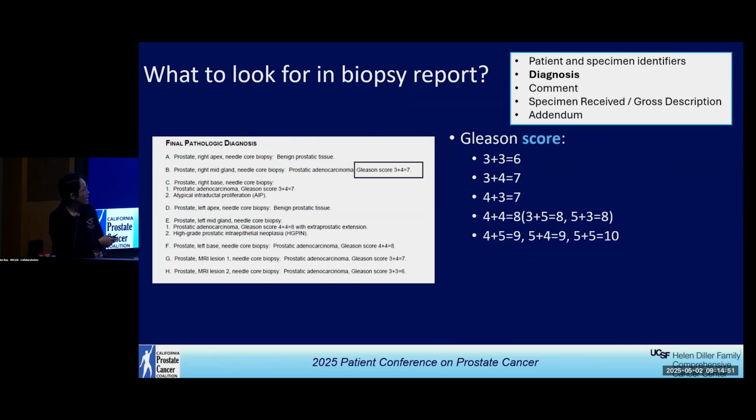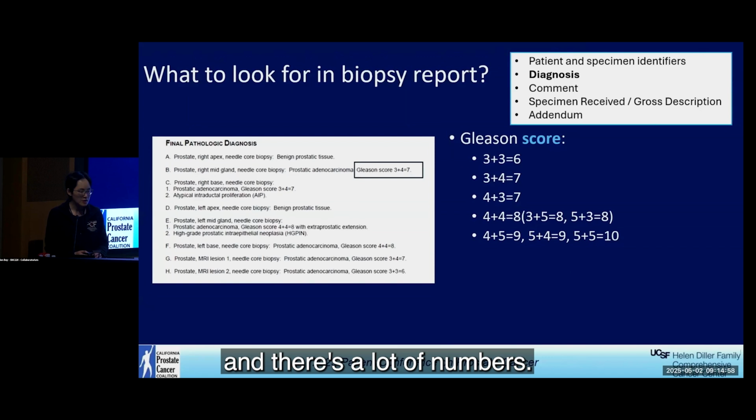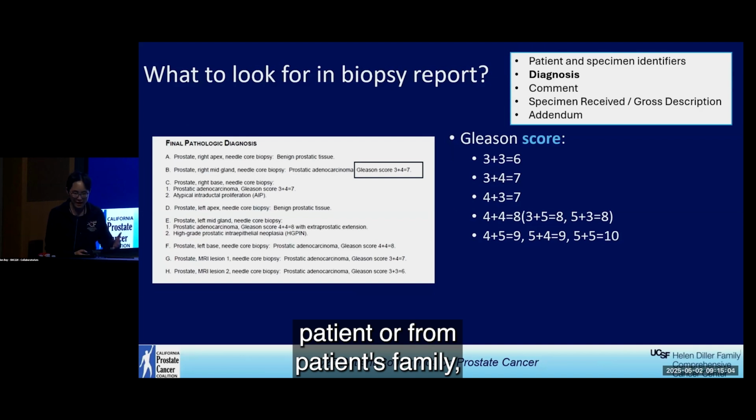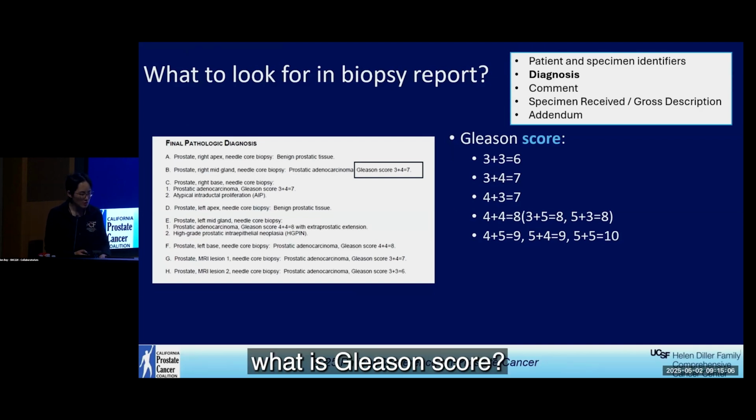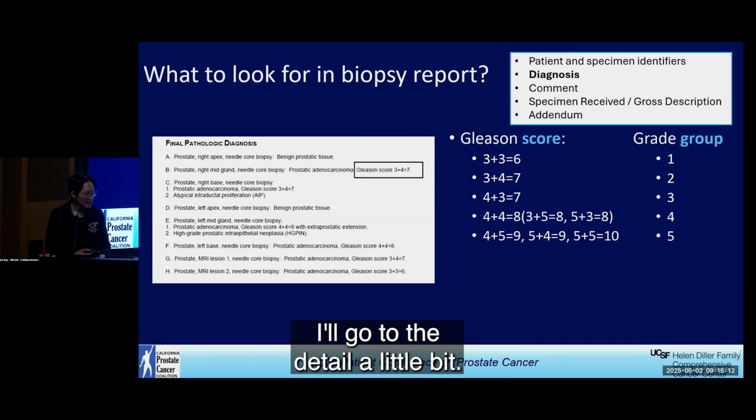So, okay. And then we often put a Gleason score on the top line, and there are a lot of numbers. They get very confused. I often get phone calls from patients or from patients' families, like, what is Gleason score? What is grade group? What is Gleason pattern? And they are all numbers. So I'll go into detail on this a little bit.